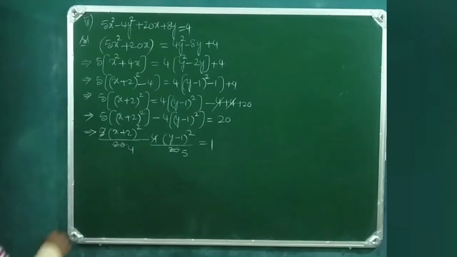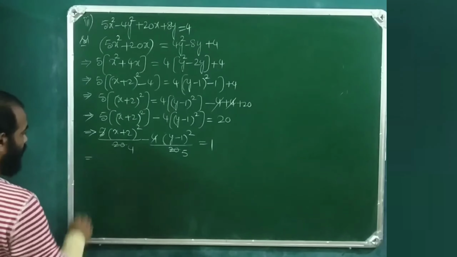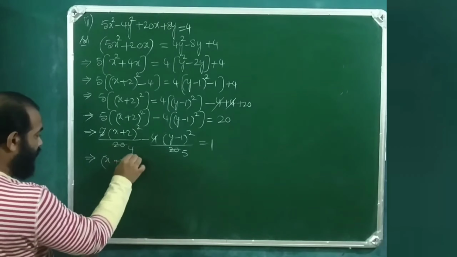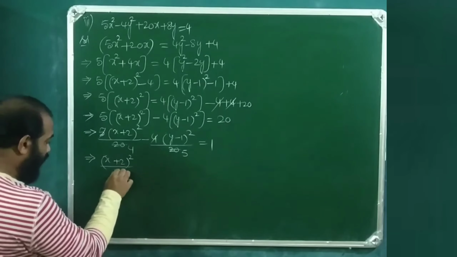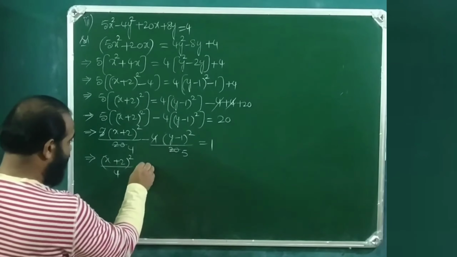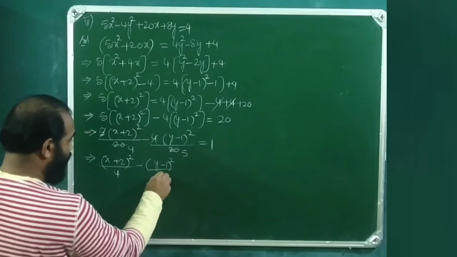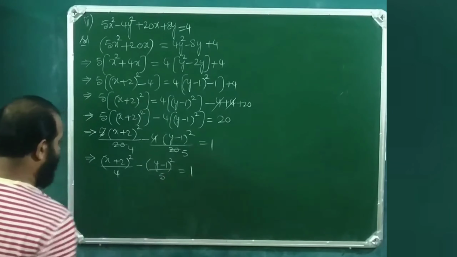So this is equal to (x + 2)²/4 − (y − 1)²/5 = 1.